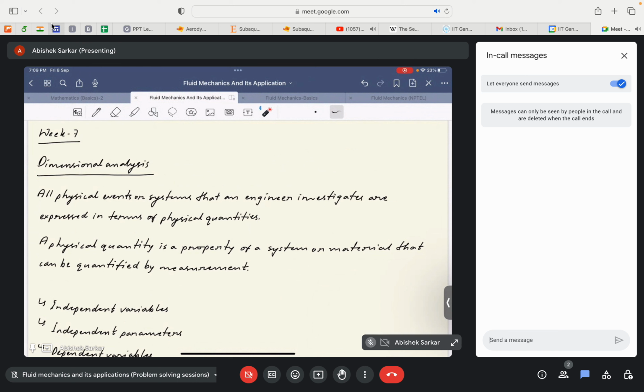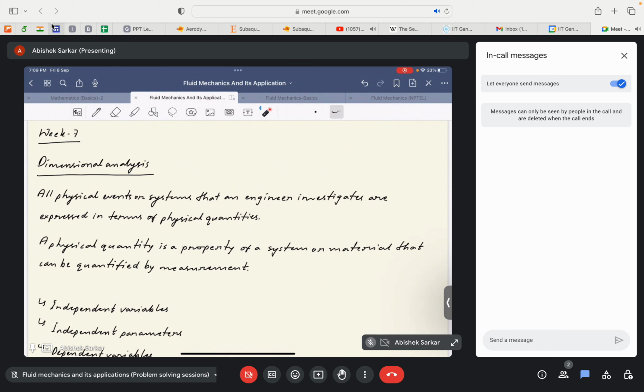As I was saying, dimensional analysis is one of the most important tools for us to have a better understanding of the concepts of fluid mechanics. After this, I guess we will eventually deal with boundary layer theory, as the course structure goes.